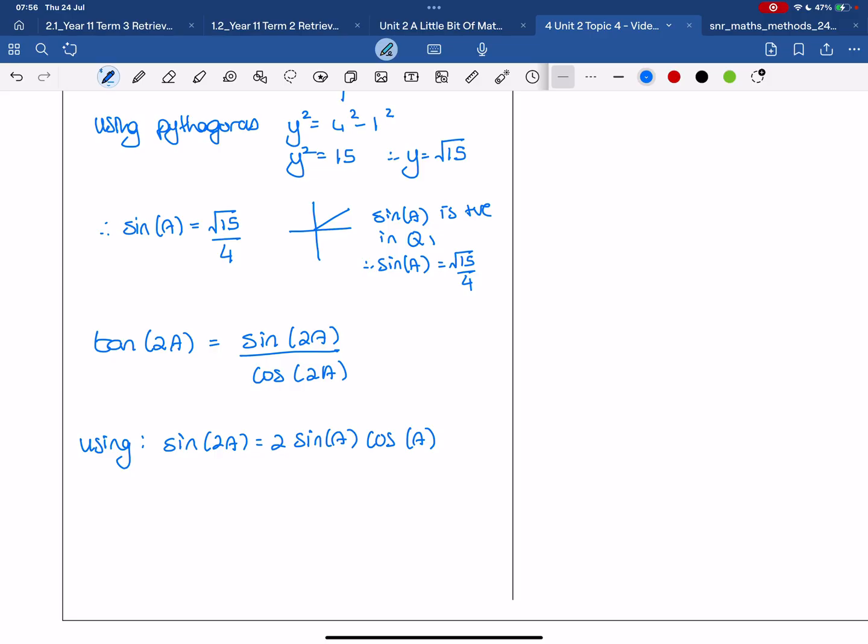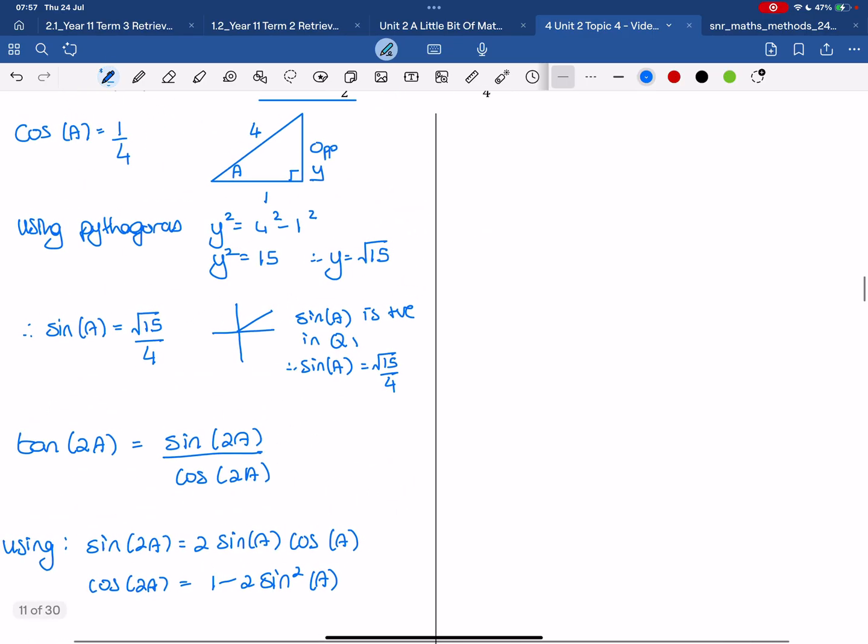Now, cos of 2a is sometimes a little bit tricky because there are 3 options. Pick the one that looks like it is going to be the easiest to work with. If you find you're getting nowhere with it, then go back and try another one. I'm going to pick that cos of 2a is equal to 1 minus 2 sine squared a.